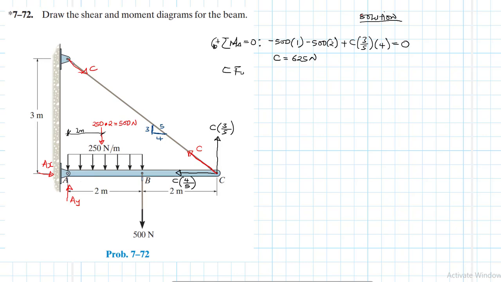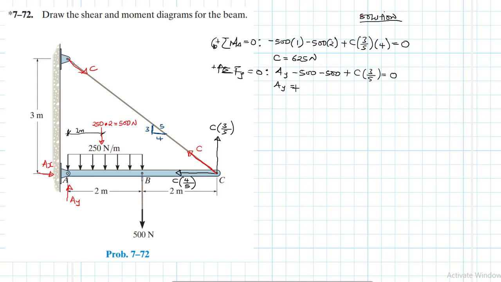So summation of forces in the y equal to 0. We have Ay, we have minus 500, and plus C times 3 over 5 equal to 0. Therefore, our Ay is just going to be equal to 625 times 3 divided by 5, and then minus 500 minus 500.